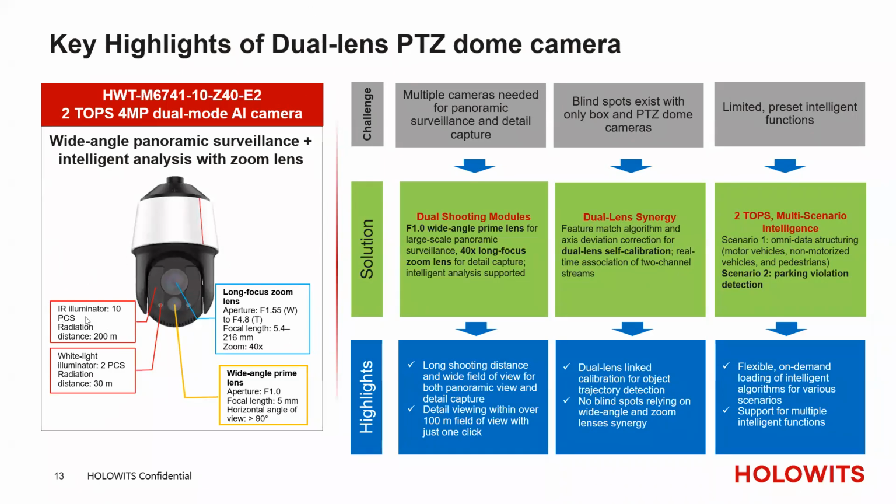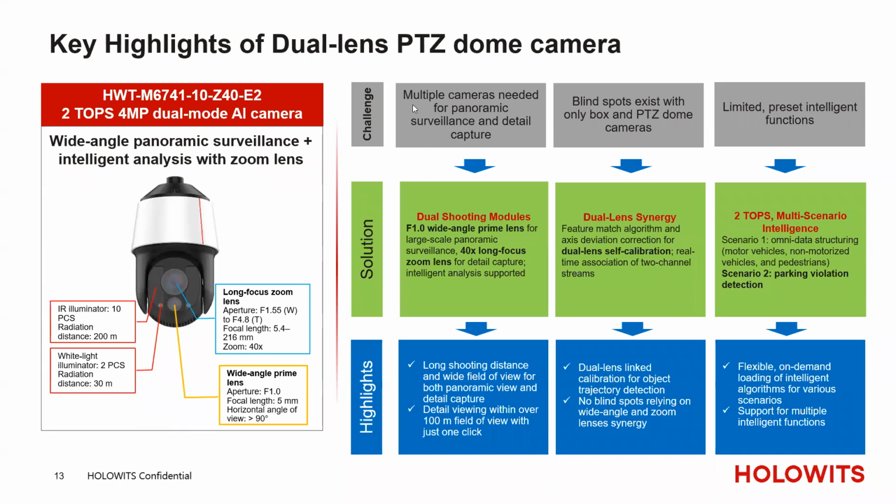You can see here we have our IR illuminators built in, with radiation distance, and also we have white light illuminators. This is our long focus zoom lens and our wide angle prime lens. You can check this data on our datasheets on our website.